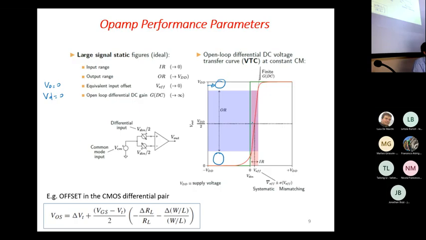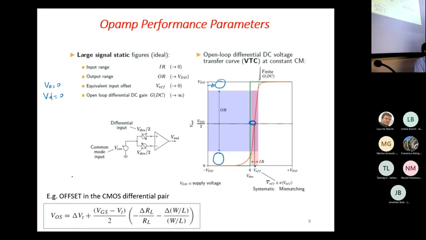So there is always a slight discrepancy between the ideal case and the actual case, and the actual value of the input in which we have the 0 value output is called the offset voltage.